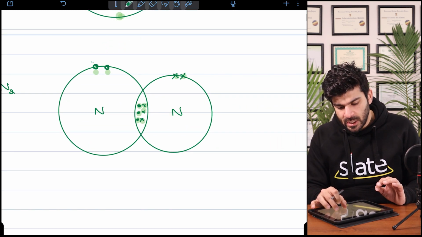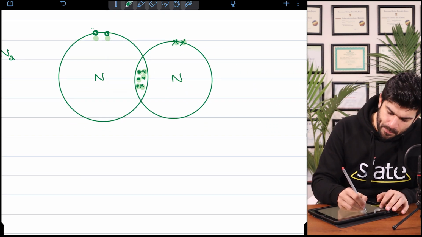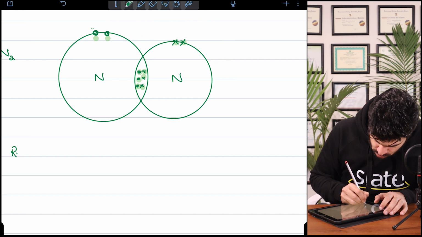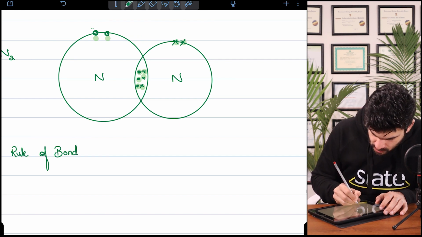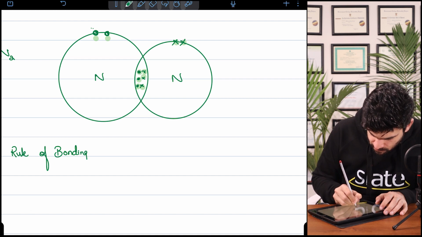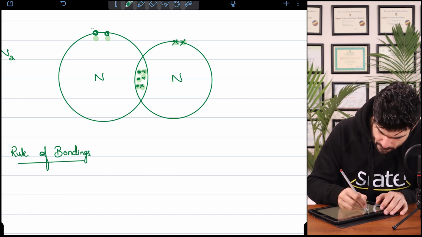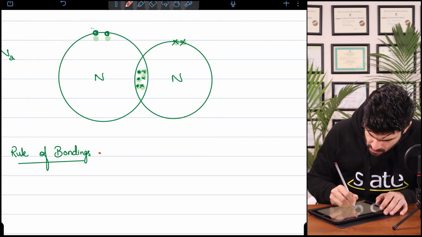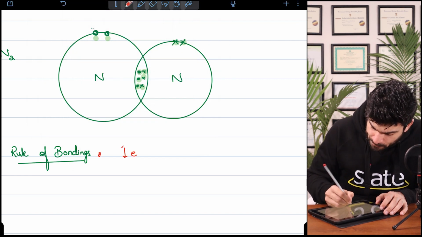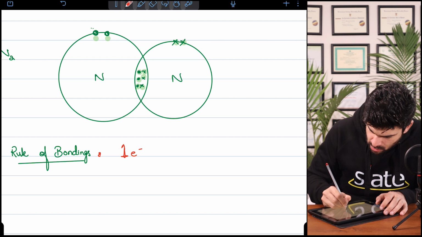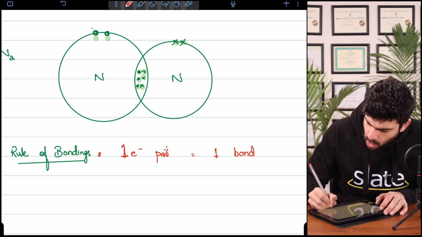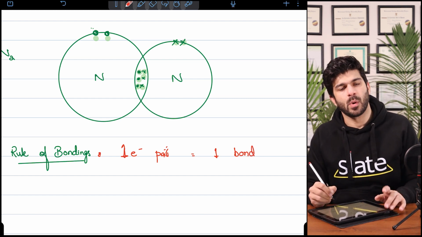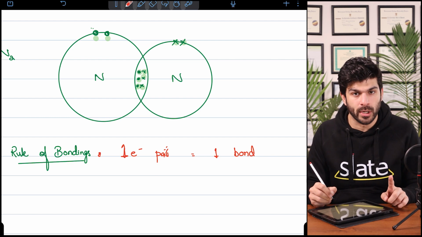So students, what you need to know is, it's an important rule of bonding or bonds. One electron pair is equal to 1 bond.